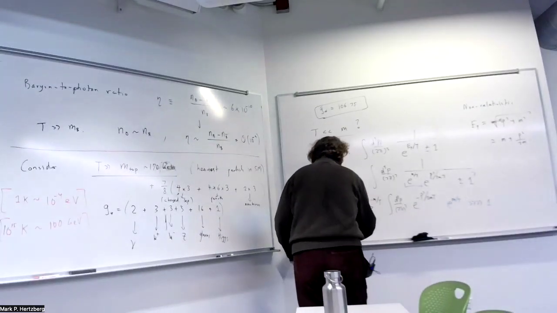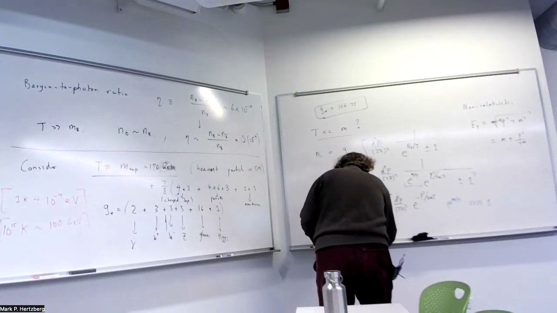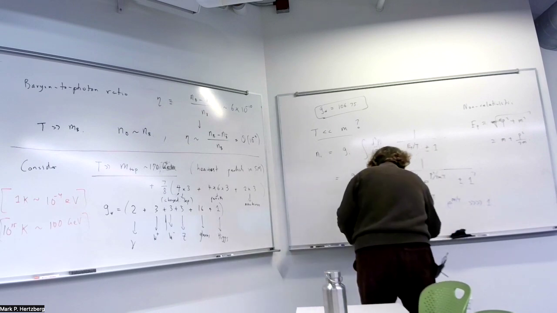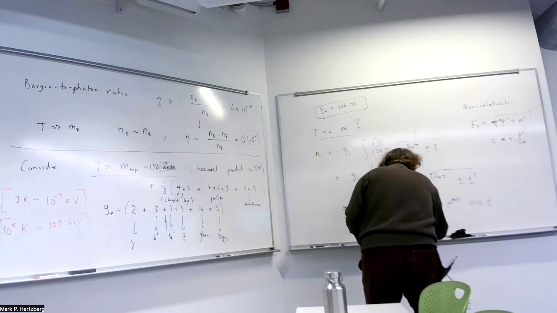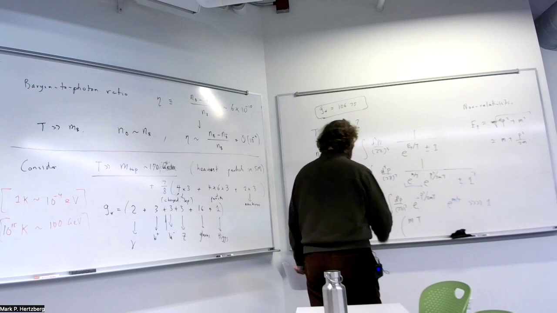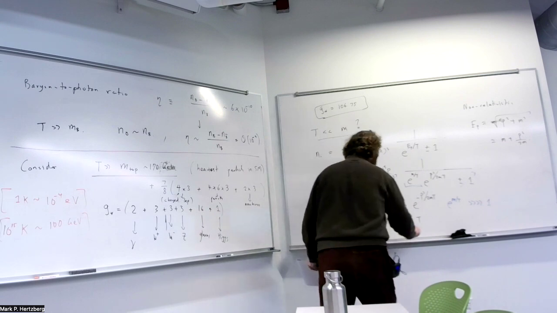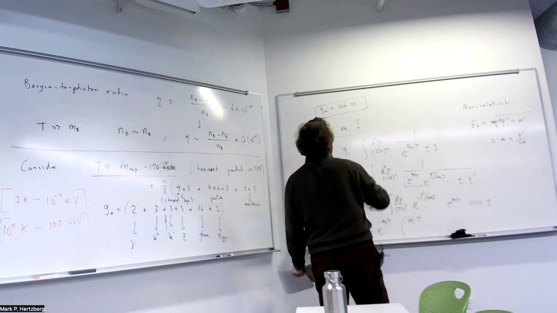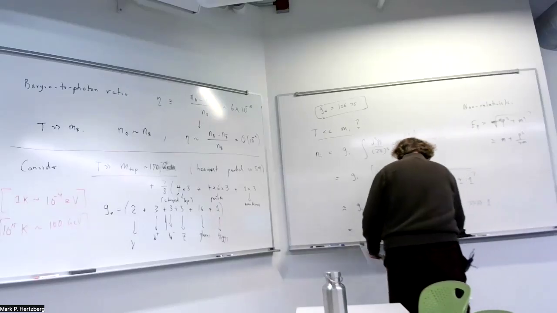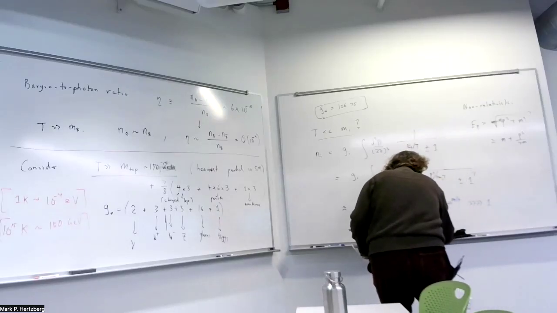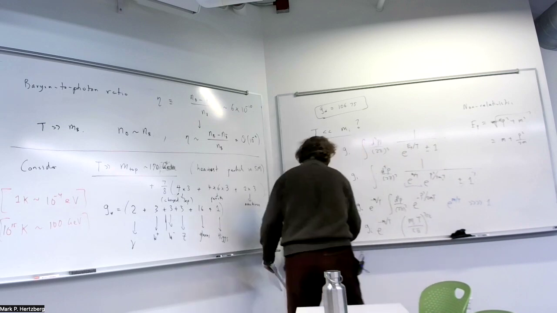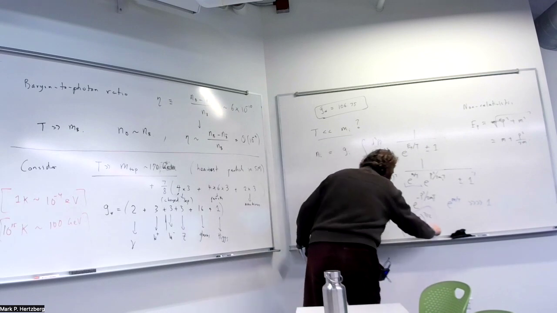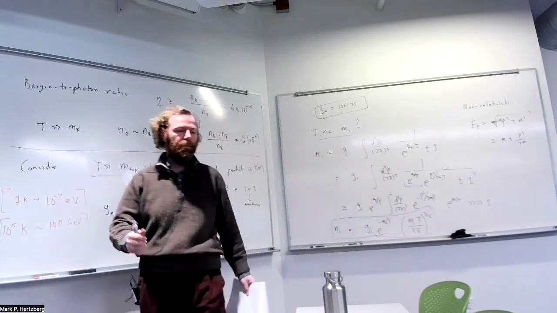Okay, and then you could just do the Gaussian and you'll get something like this, m T over 2 pi to the 3 halves, where m is the mass of the ith species. So there's the number density.